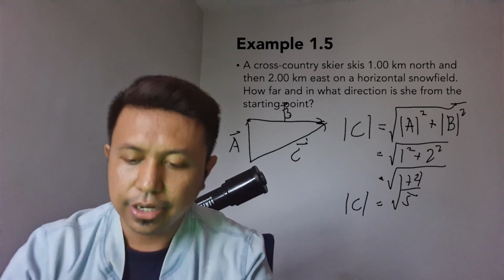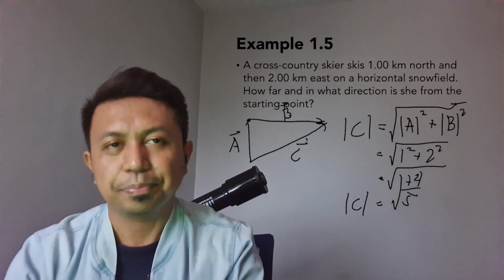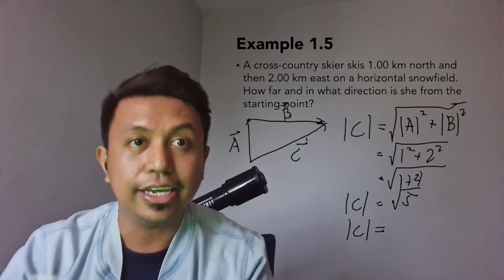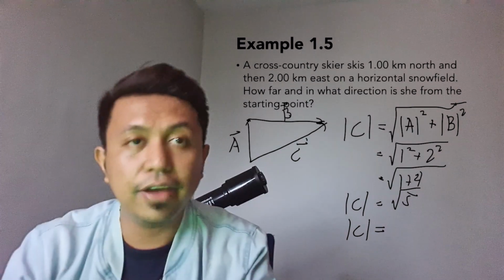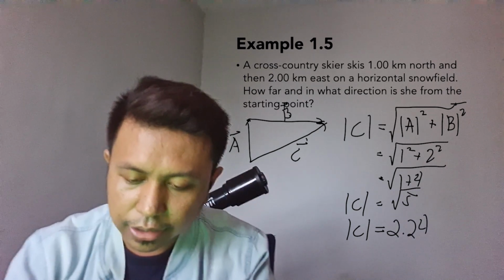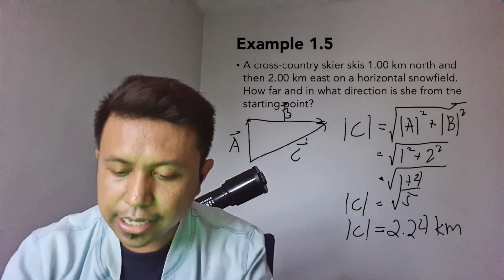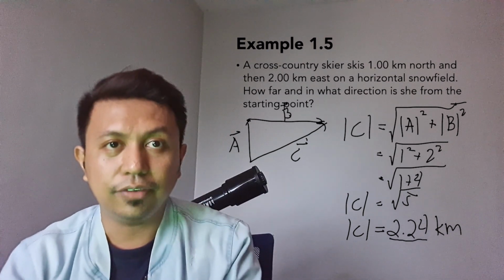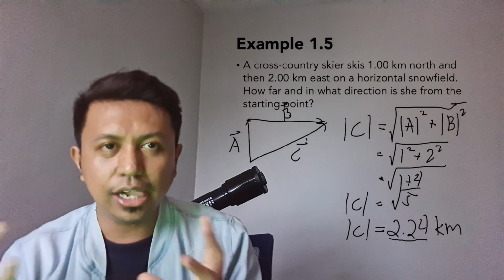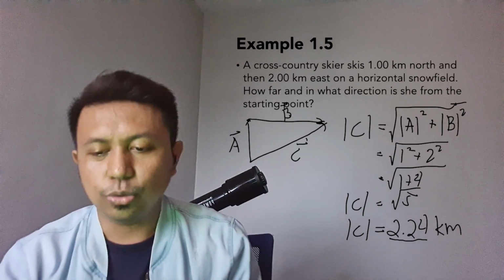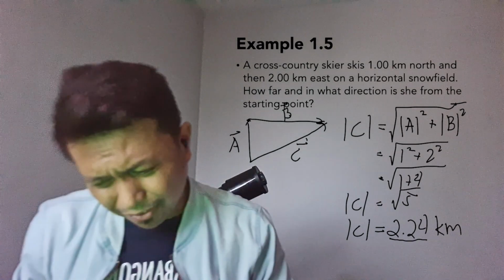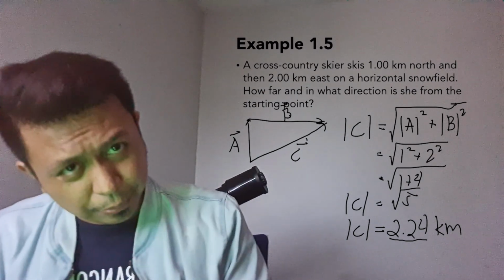That is your magnitude for vector C. Doing the math here, it is 2.24 kilometers. Again, we stay consistent with our significant figures. Though we did multiplication, the general operation for this is addition, so we will just maintain the decimal places. So the magnitude of vector C is 2.24 kilometers.